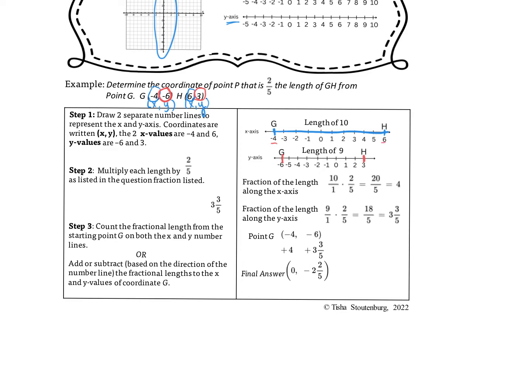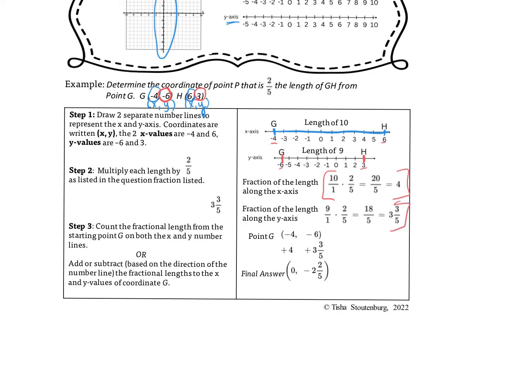From -6 to 3 along the y-axis is 9 units. So this step here is the same. I'm going to multiply 10 over 1 times 2/5, and I get 4. And then I multiply 9 over 1 times 2/5, and I get 3 and 3/5.